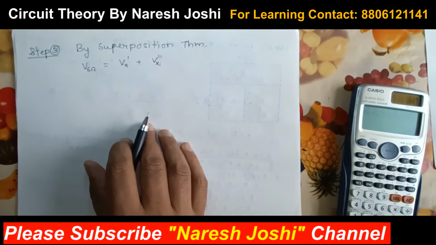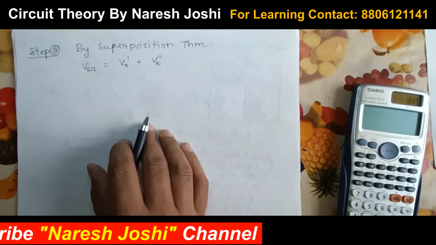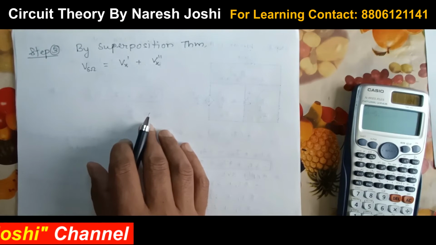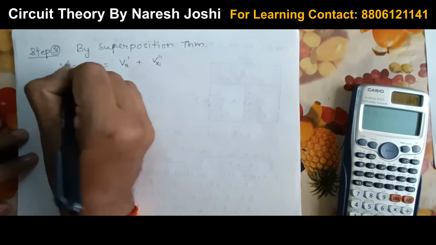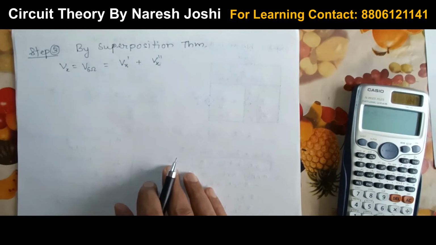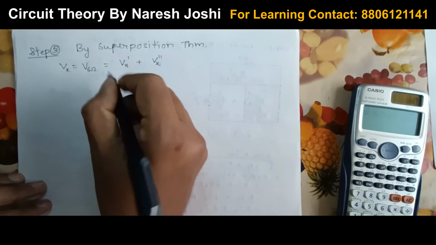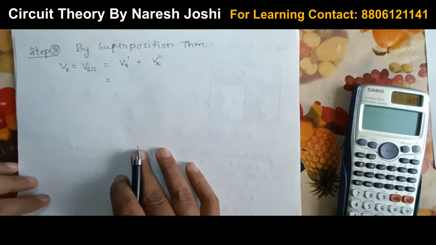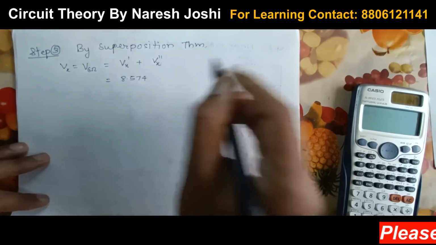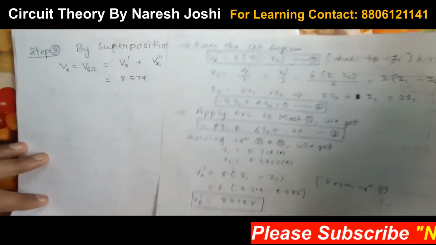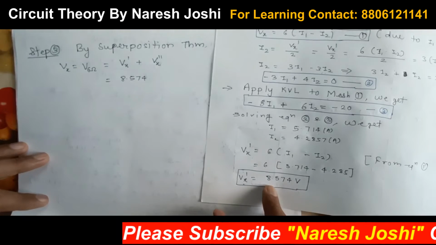Clear? Our question is to find Vx, which is the voltage across the 6 ohm. Now we write down the value of Vx dash, which we obtained as 8.574.